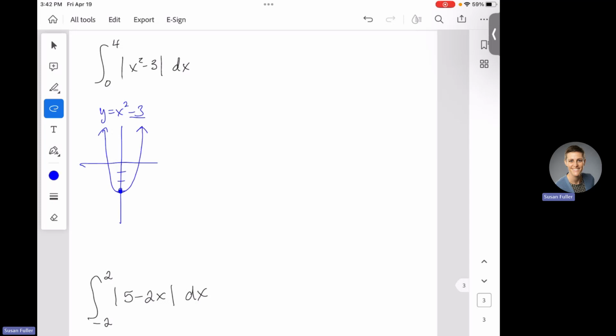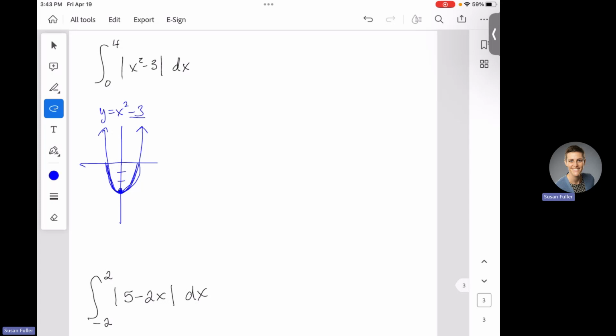And I want the area from 0 to 4 of the absolute value. Now, the absolute value is going to take any places in here where my y values are negative, and it's going to turn them positive. So we're going to have to be careful with this, and we have to figure out exactly where this thing is positive and exactly where this thing is negative.